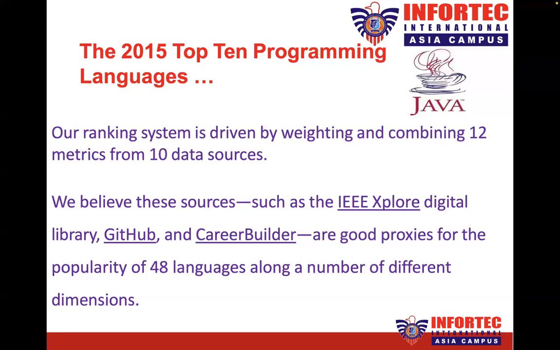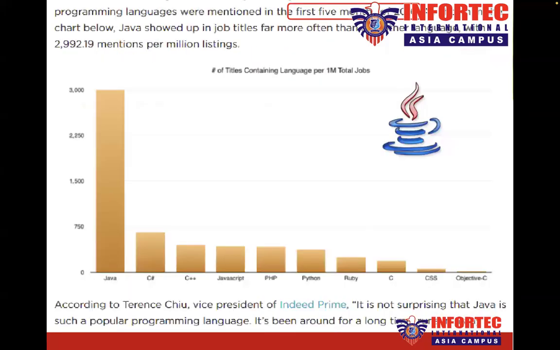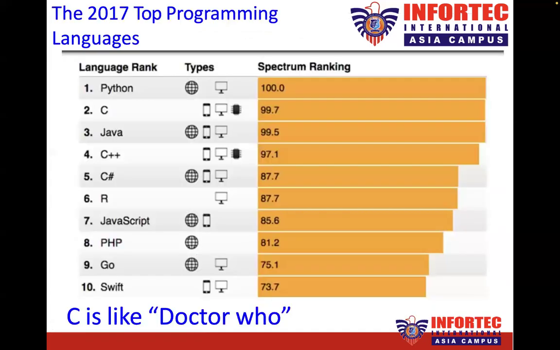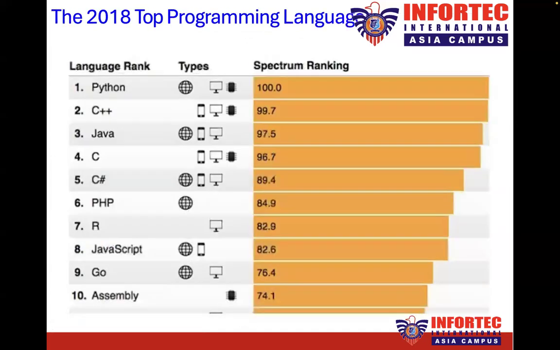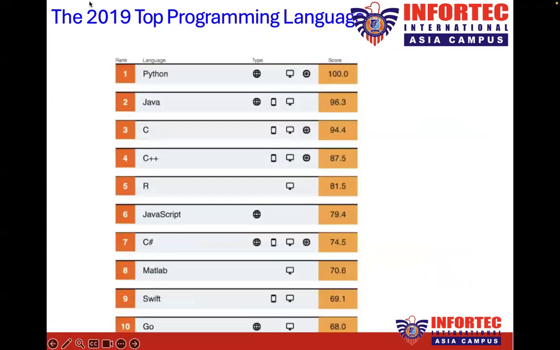So here, according to a research in 2015, they presented Java as the most popular and number one ranked programming language. In 2014, the same thing also happened. Yeah.